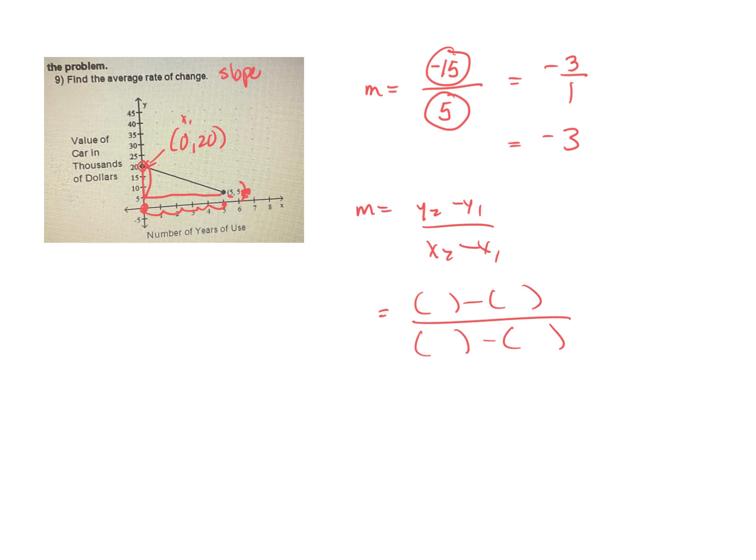This would be x1, y1, this x2 and y2. So y2 is a 5, minus y1 is a 20, over x2 is a 5, minus x1 is a 0. So on the top I get -15, on the bottom I get 5, same thing as I had there. So the slope, or the average rate of change, will be -3.